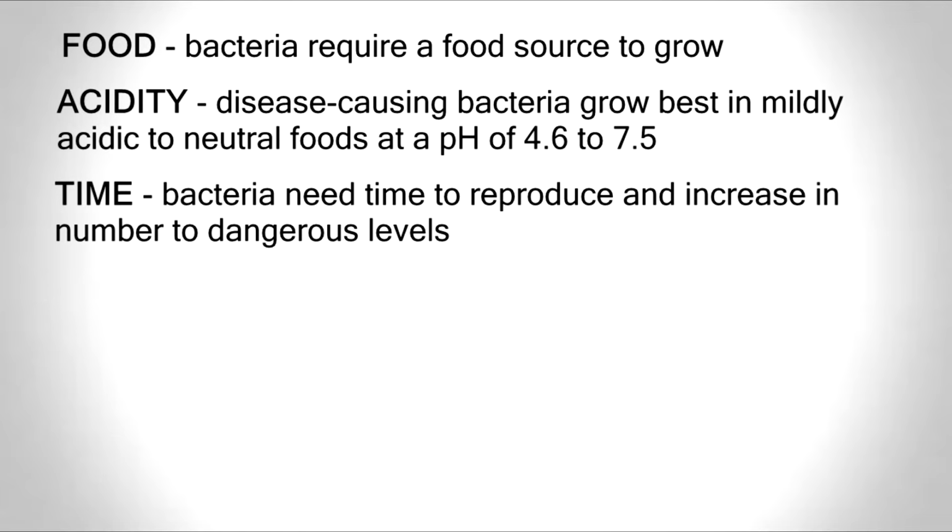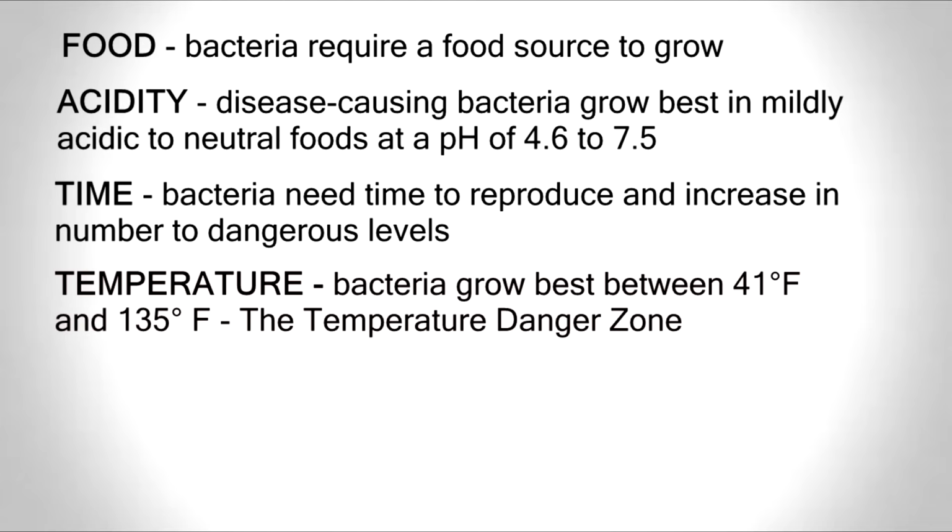Time. Bacteria need time to reproduce and increase in number to dangerous levels. Temperature. Bacteria grow best between 41 degrees Fahrenheit and 135 degrees Fahrenheit. This is known as the temperature danger zone.